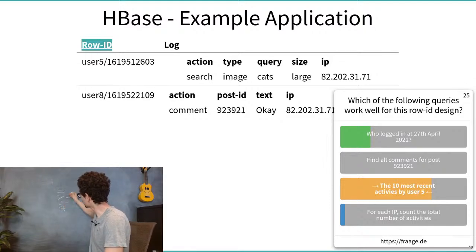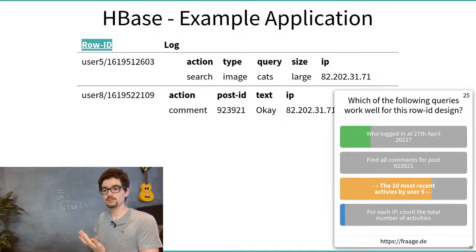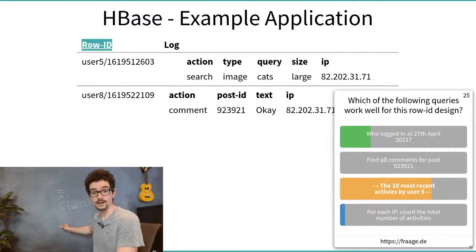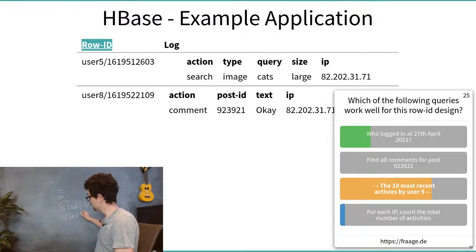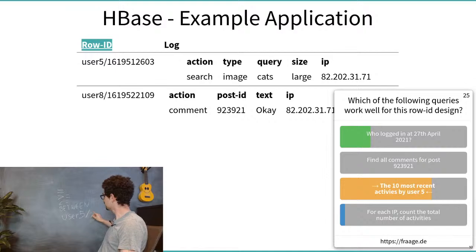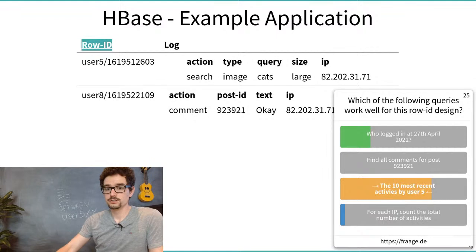So basically this is a between predicate, and between on strings is basically a prefix search. So we can ask for user5/ and then I simply use the SQL syntax for like. So give me everything that starts with user5.